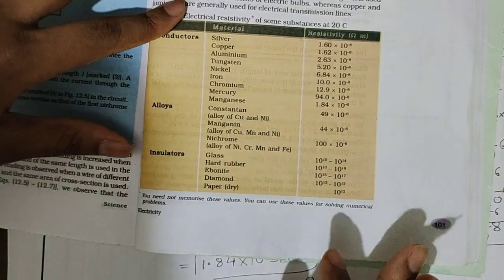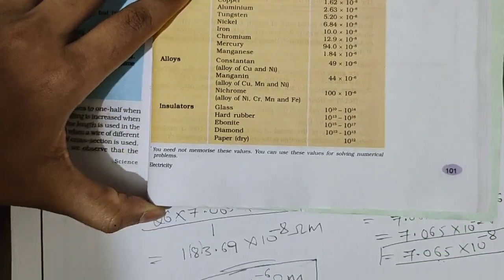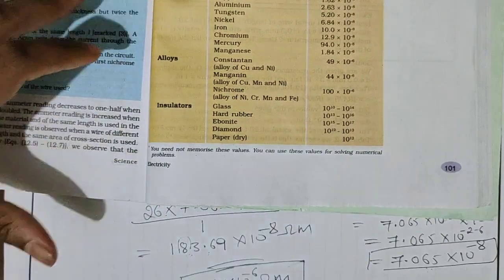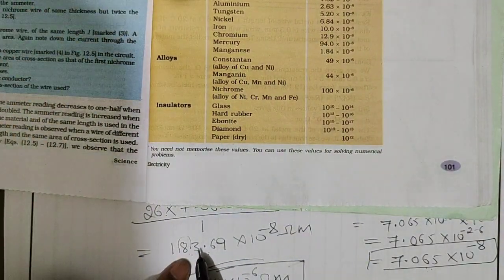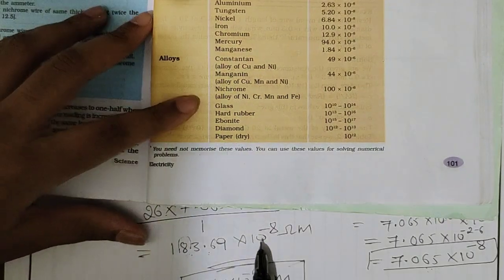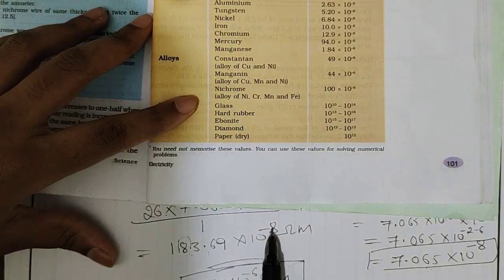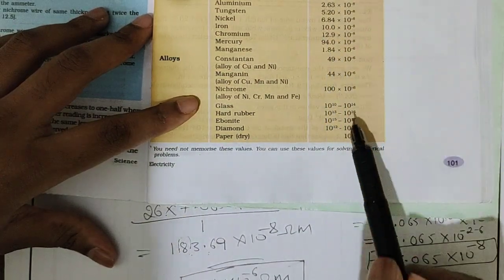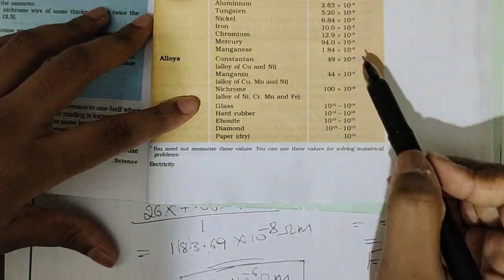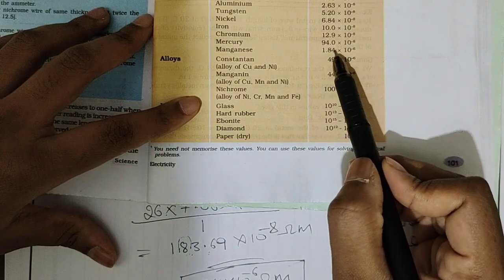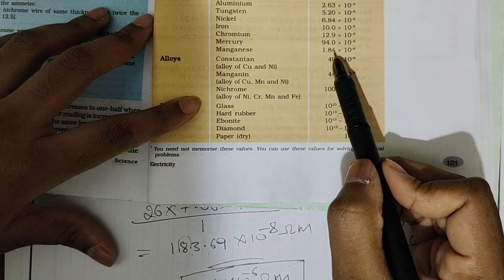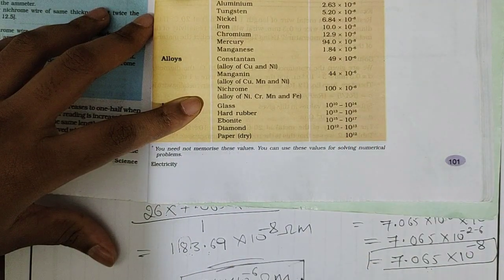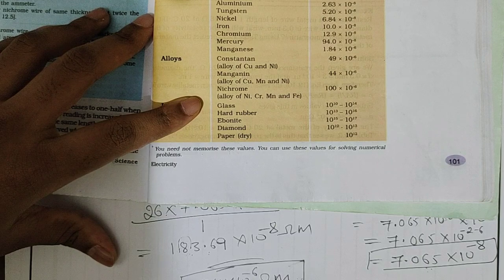Now listen, as I told, in the question they are asking us, based on this resistivity value, to find the material. Earlier I got the answer 183.69, right? And the power is what? Minus 8. We didn't have any value with 183. Or you can just cross check with these powers. But listen here, we have some value as 184 into 10 to the power minus 6. After modifying this, again using scientific notation, I got this value now.